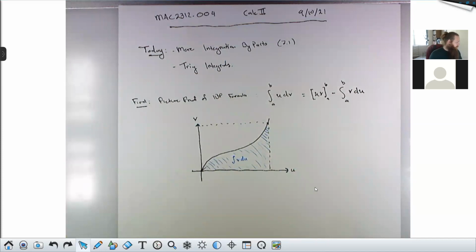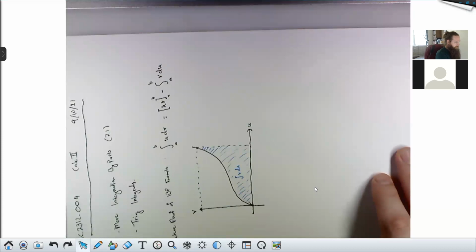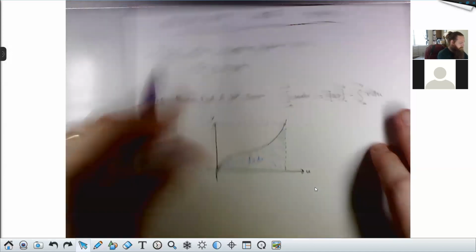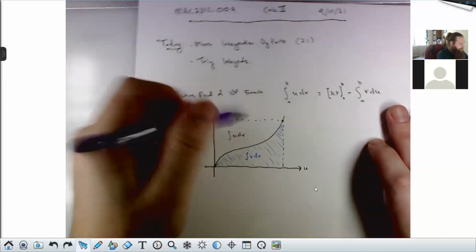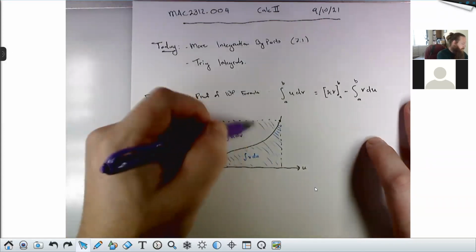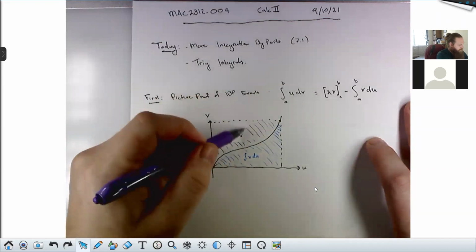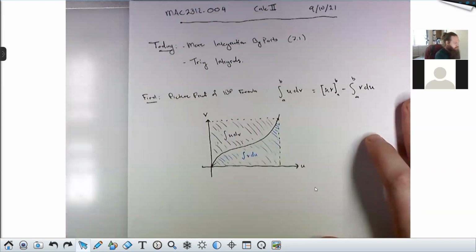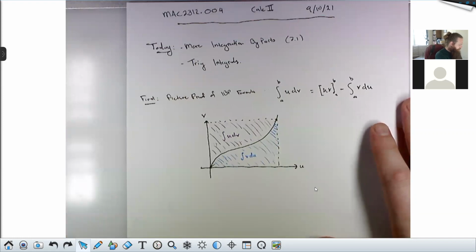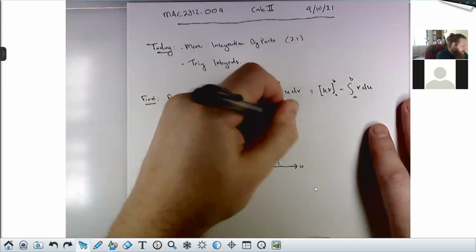On the other hand, if you approach this thinking of it like this, then I can think of this area as being the integral of u dv. And all of this, a generic point on this curve would be like u comma v.